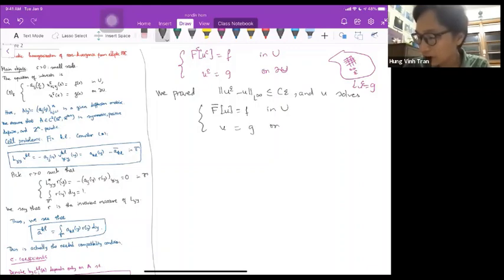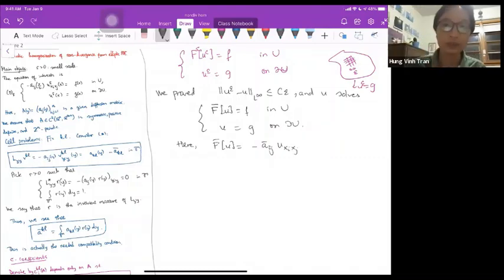This is in a general setting, and F bar is also called the effective operator. Here F bar of u is just a linear constant coefficient operator, A bar ij u_xi xj. Again, I'm using the Einstein summation convention, so repeated indices mean summation over those indices.